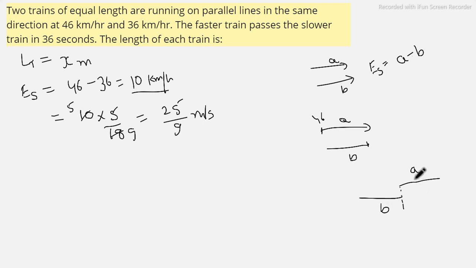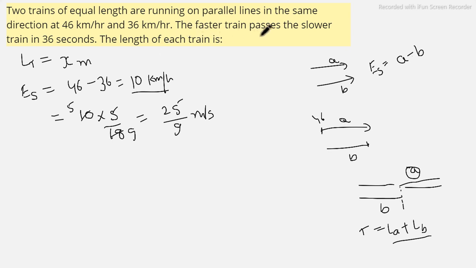So for A train to pass the train B, it has to cover this distance plus this distance, that is, total distance will be length of train A plus length of train B. If train A covers this distance, then only we can say that the train A has passed train B.